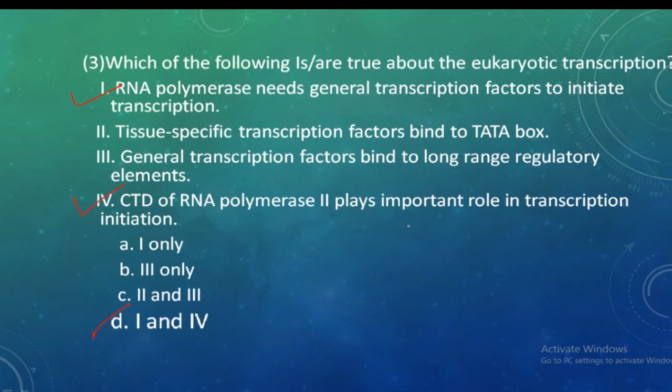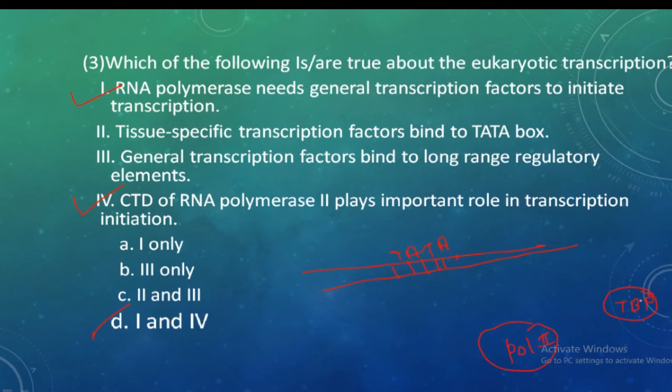So now let's understand what actually happens during eukaryotic transcription. This is the DNA. In this double-stranded DNA, there is a Tata binding site. First of all, the RNA polymerase 2 enzyme is required to initiate the transcription process. It will not be able to find this Tata site by itself, so it requires a protein, which we call Tata binding protein.